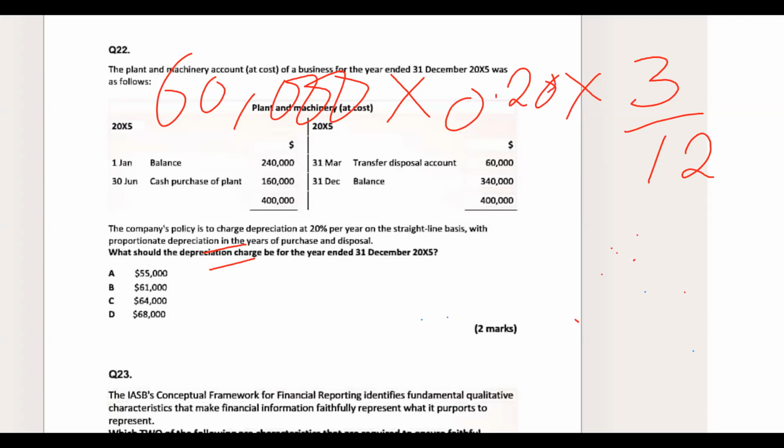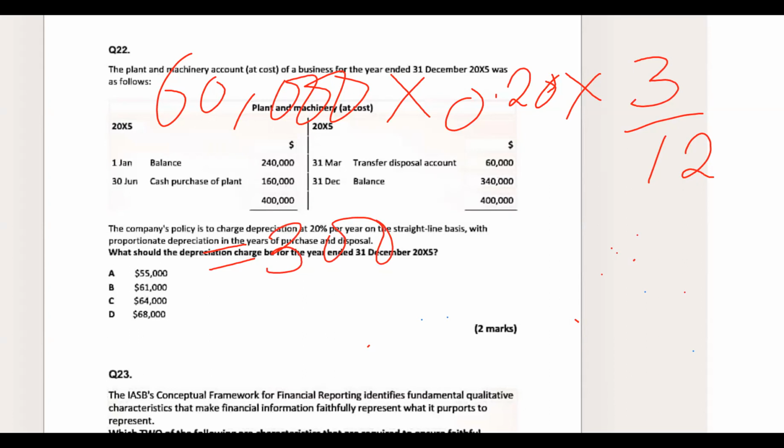What do we get for the first depreciation? $300? Yes, sir. 60,000 times 0.2 times 3/12. It's 300. Okay, 300.